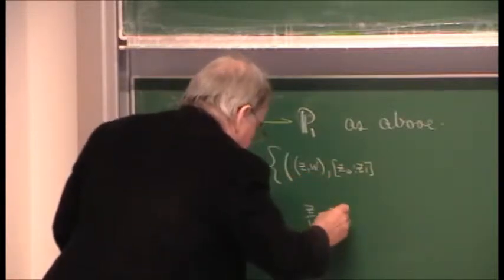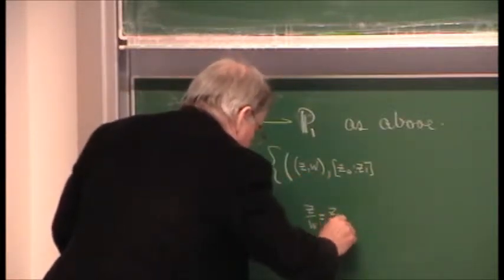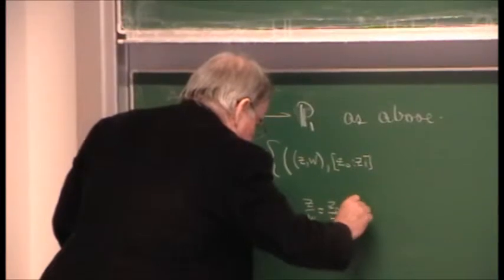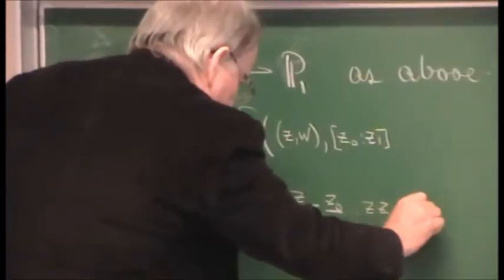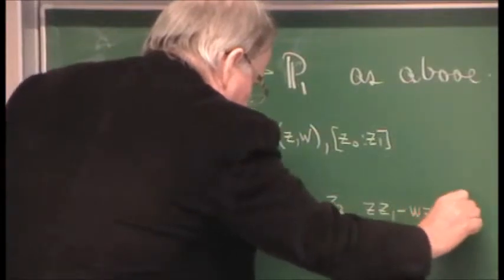ZW, okay, I'll stay with it, over Z1. And that means that Z times Z1 minus W times Z0 equals 0.